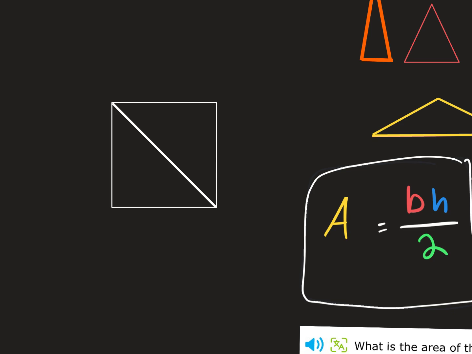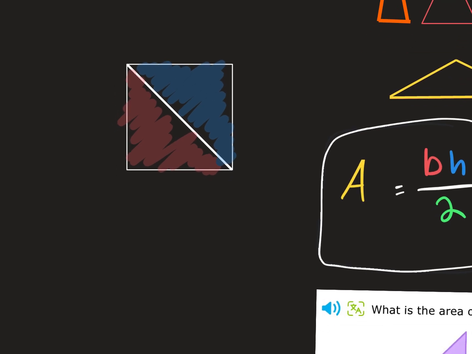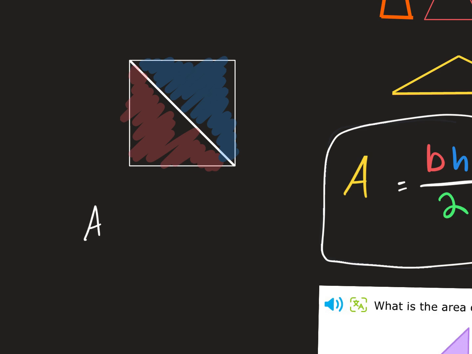I have a triangle in this bottom kind of red shaded section, and then I have another one in that blue top shaded section. So all we're solving for is half of a square or half of a parallelogram. So when we are solving for area, area is equal to our base times the height, and we have to divide by 2 because we're cutting it in half.